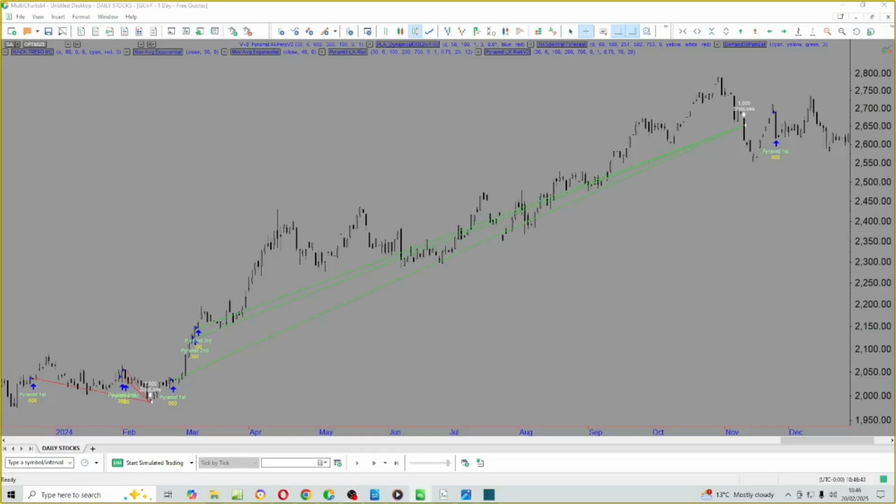This is a chart of gold, and the best settings, just like Microsoft, turned out to be putting the whole lot on in the first instance. But the best pyramid shape to get the best managed account report, which again is the total net profit percent divided by the biggest drawdown percent, was 600, 300 and 100.